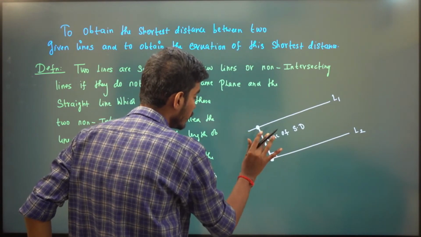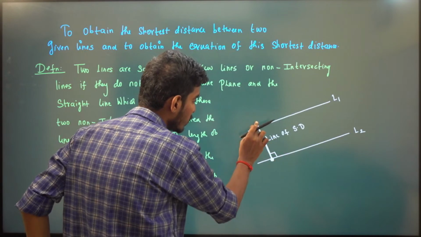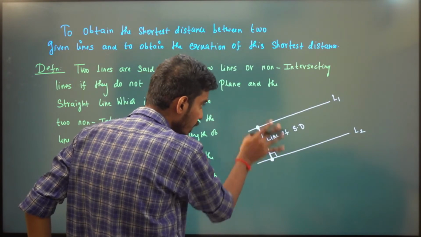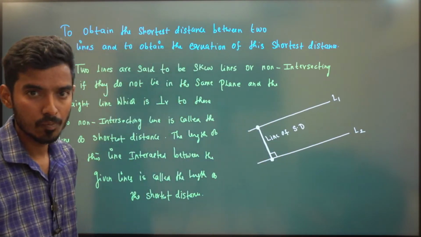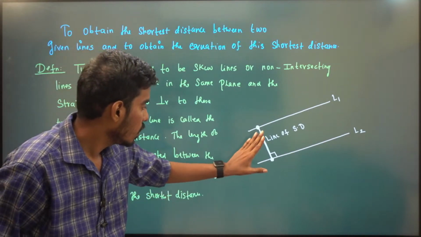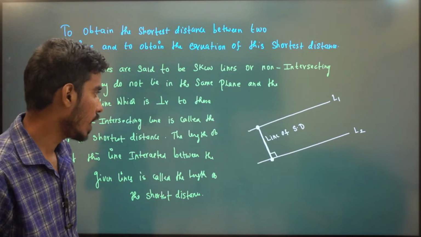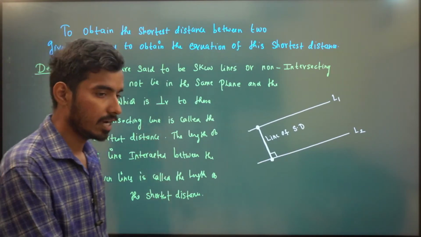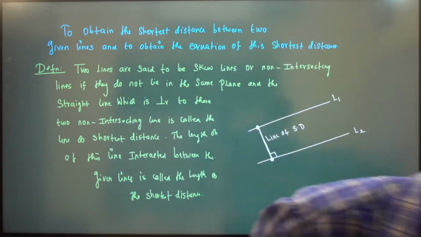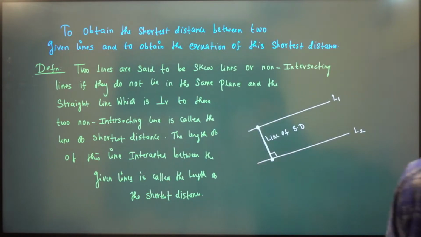The shortest distance between two lines is nothing but the distance along a line drawn perpendicular to L1 and L2. I'm just going to give you the formula for shortest distance and the equation of the shortest distance. Then you can do any problem based on this, right?